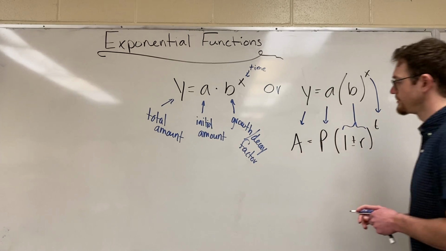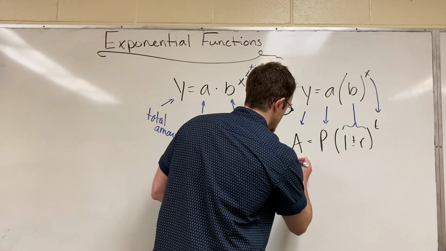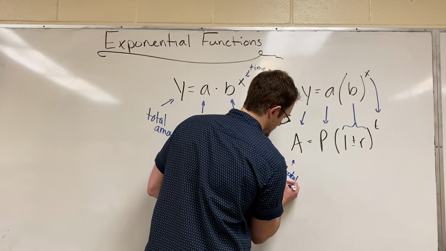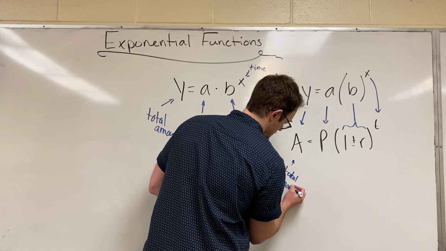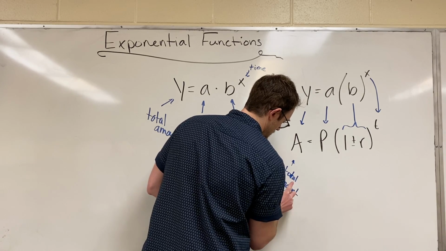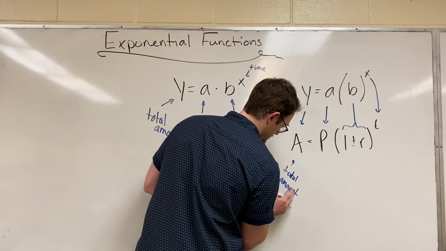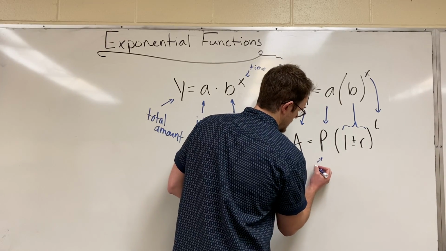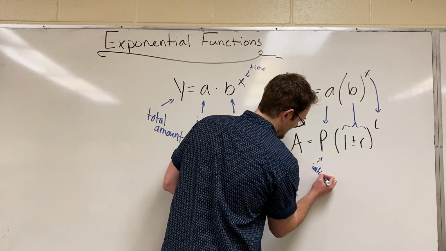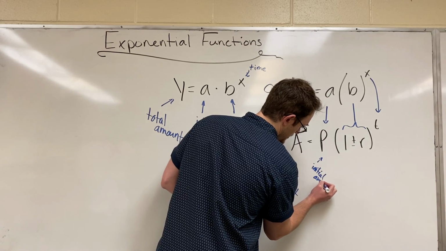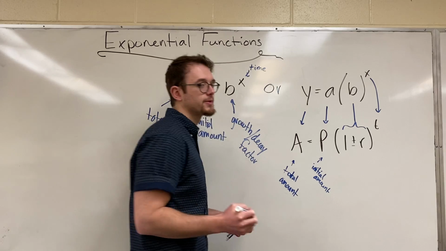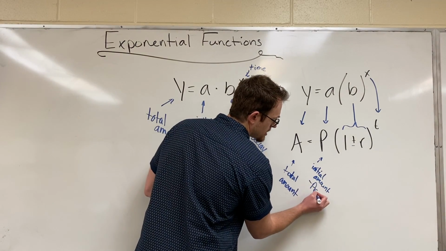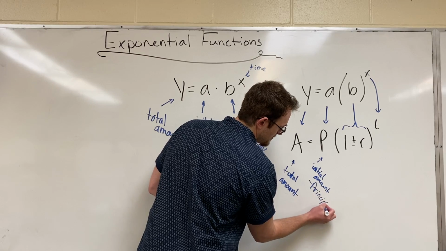This is still total amount. Still total amount. This is still initial amount. It's just called something a little bit different now. Now it's going to be called, or can be called, principal.